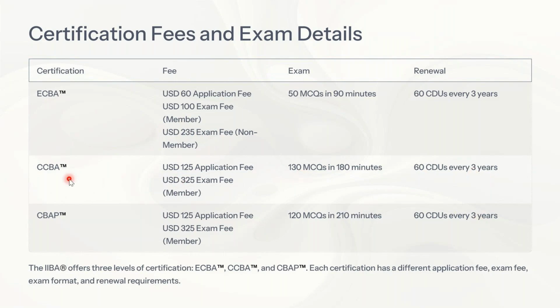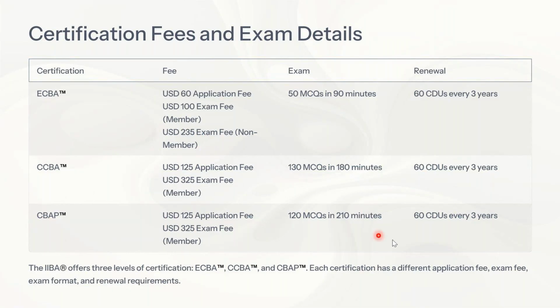But suppose you have a CCBA certification valid for 3 years, and in the third year you appear for CBAP, then you don't have to renew your CCBA, because both will be renewed. But after 3-year completion at CBAP level, you will have to renew your certificates again.